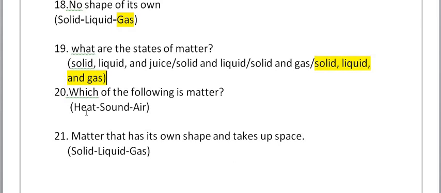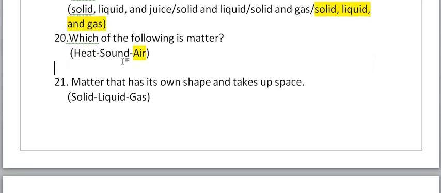Sound does not have a mass or volume, so it's the air, because the air has a mass and maybe volume. Matter that has its own shape and takes up a space. It's a solid.